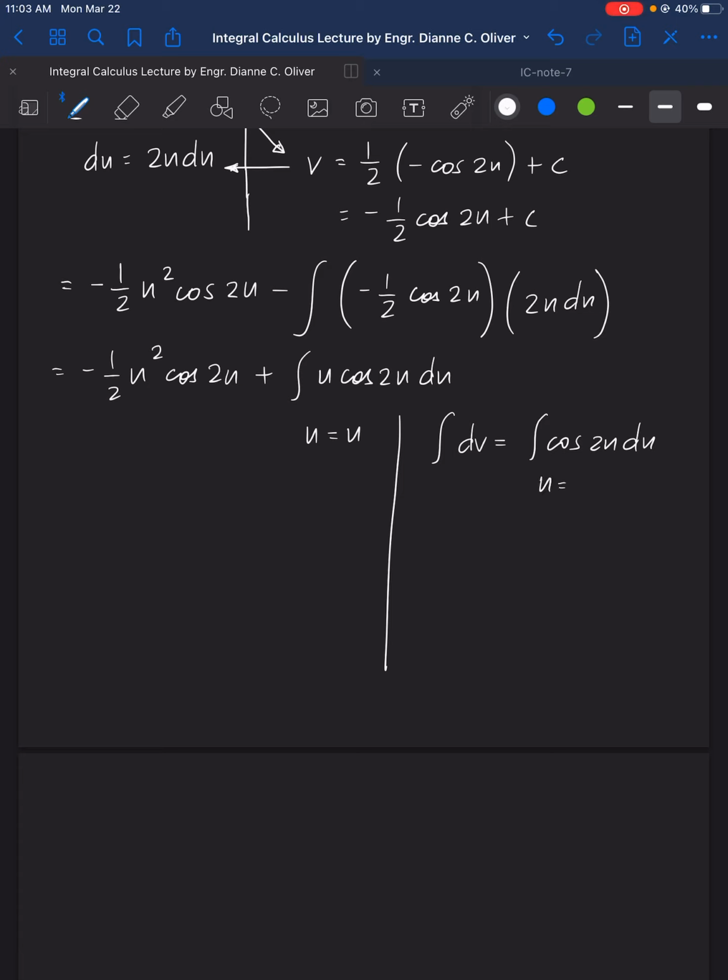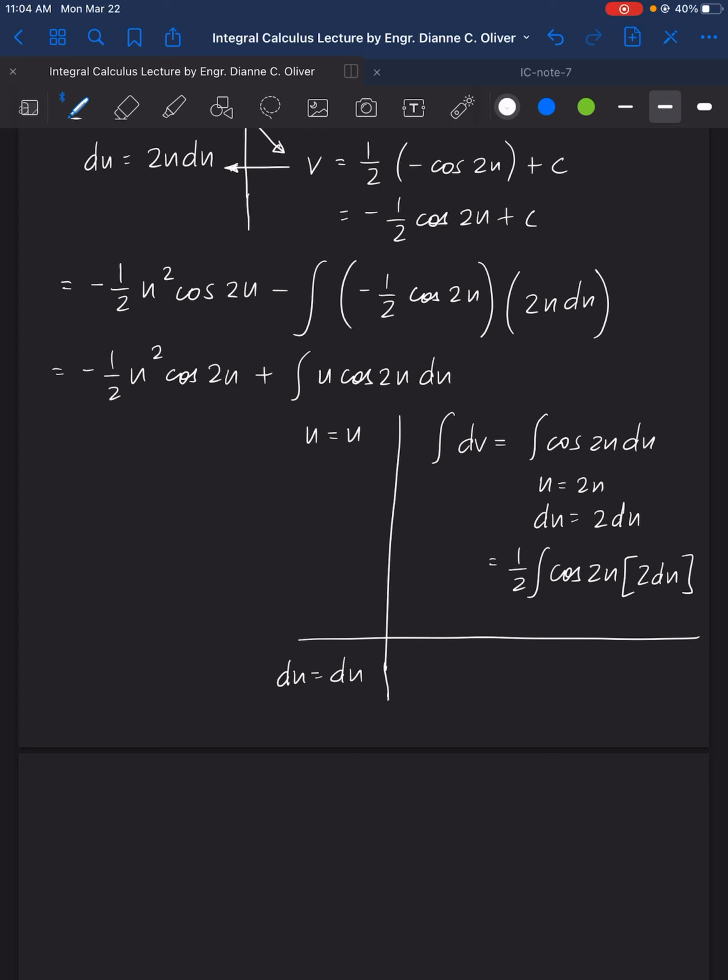Then we let u is equal to 2u, du is equal to 2 du. So that is equal to the integral of cosine 2u 2 du. To compensate, we will put 1/2. So du here is equal to du. Then we have v is equal to 1/2 sine 2u plus c. The integral of cosine 2u is sine 2u.